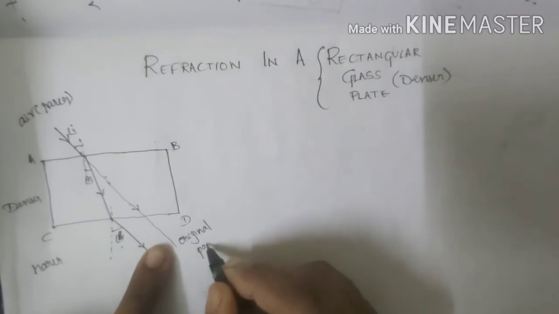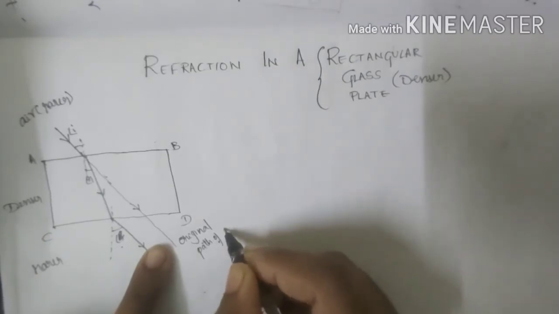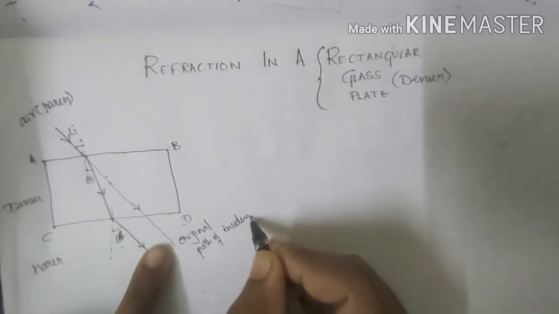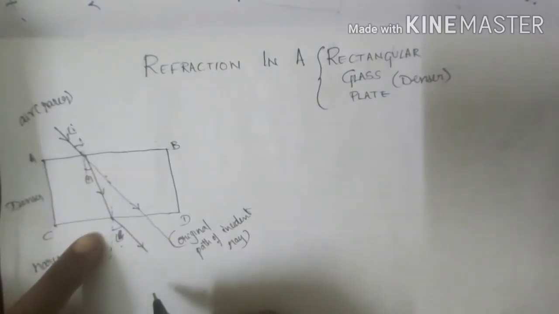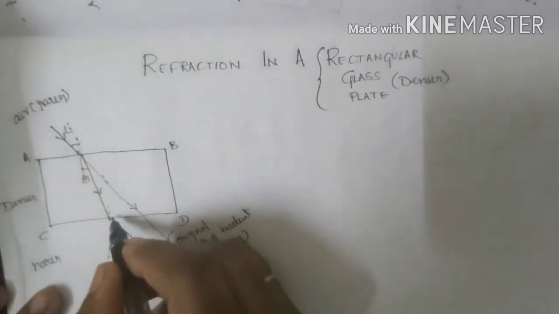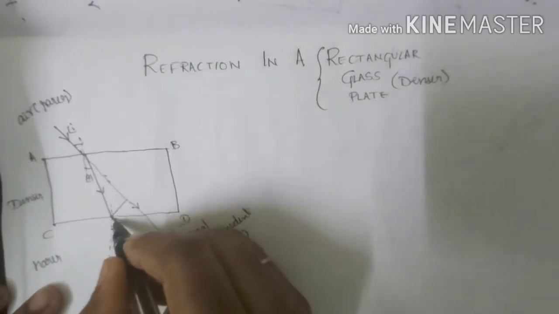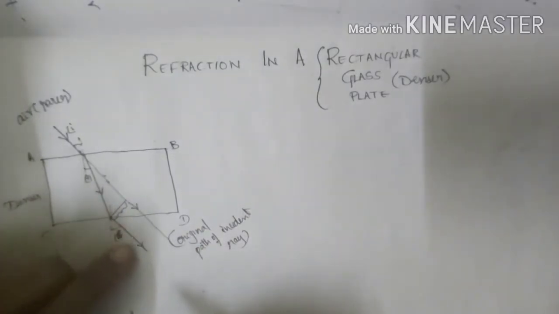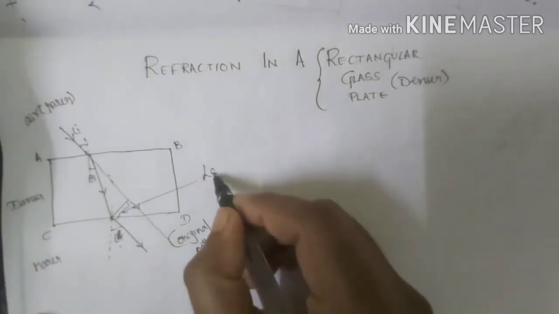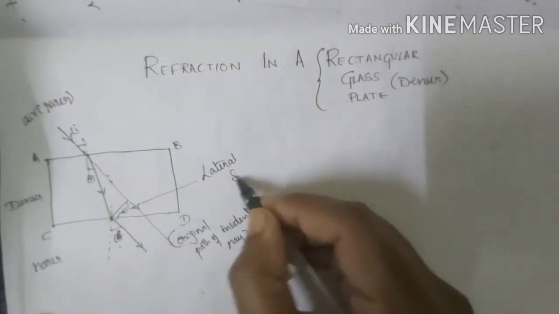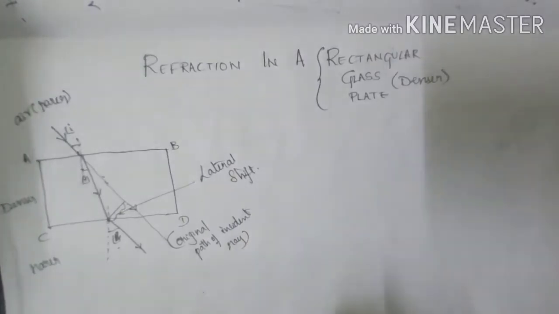So this is the original path of the incident ray. But since I have placed the denser medium in between, it has shifted its path. Understood? So this distance between the emergent ray and the original path of the incident ray is called lateral shift. This you will be learning in your higher standards.